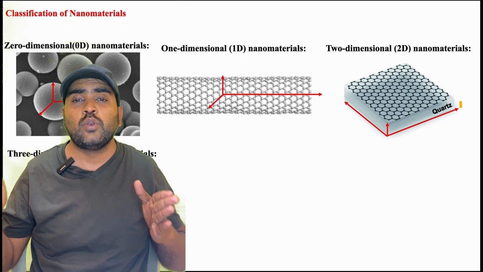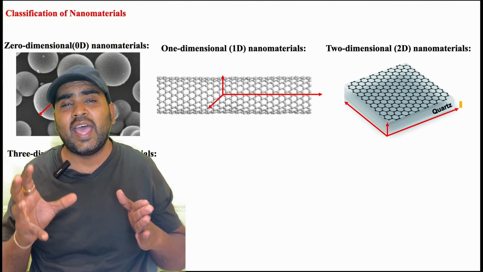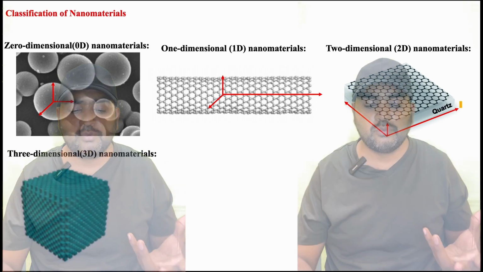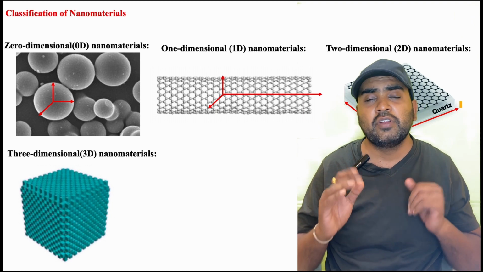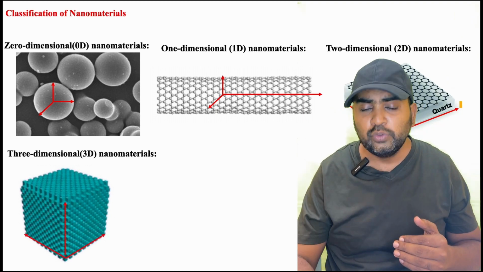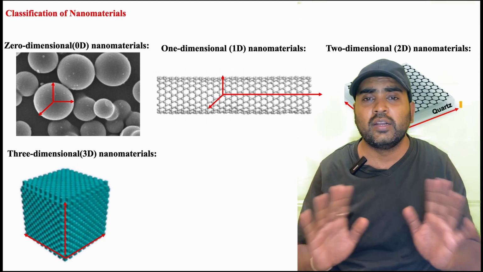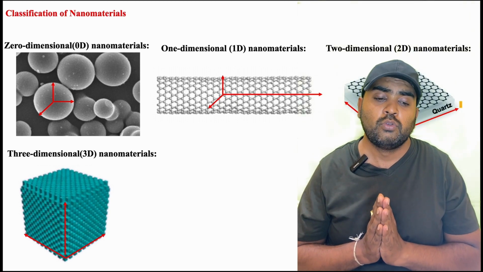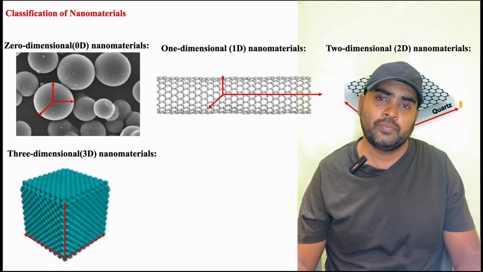Example is nano sheet. This is why we call it a two-dimensional nanomaterial. Last one, we got bulk or three-dimensional nanomaterial, whose x-axis, y-axis and z-axis are not under nanophase. So, this is the classification of nanomaterial.